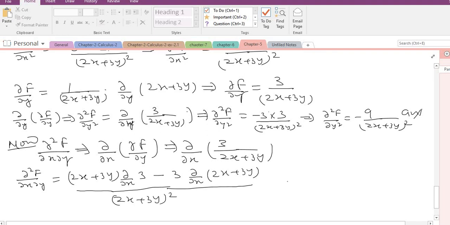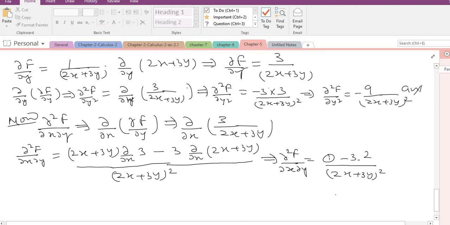Now simplified, it gives us del 2f del x del y is equal to del x of 3, which is 0. So that comes 0. Del x of 3 is 0, minus 3 del x of 2x plus 3y means 2, divided by 2x plus 3y power 2. So now just simplify it.